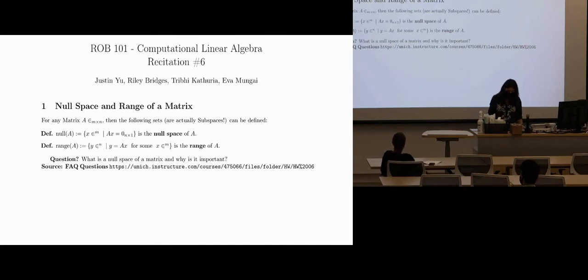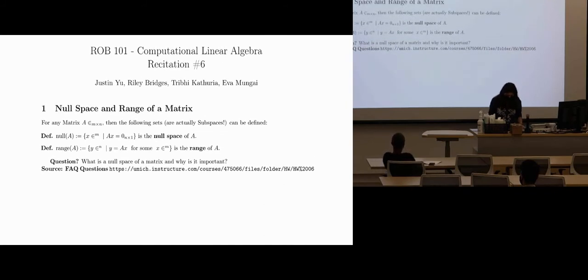All right, so we left off with null spaces, and we said that for any matrix A, we can define two subspaces that are special and follow a special property, which are null spaces and the range of a matrix A. Null space is simply all the set of vectors x in Rm such that Ax equals the 0 vector, right?